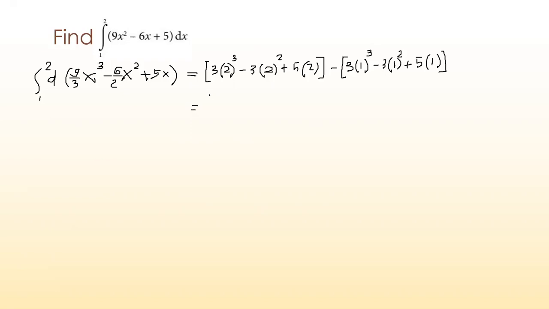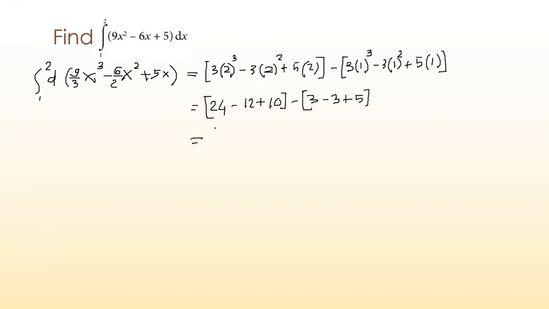And next step, continue to calculate. It becomes 24, because 3 times 8, minus 12, 3 times 4, plus 10, minus 3, minus 3, plus 5.